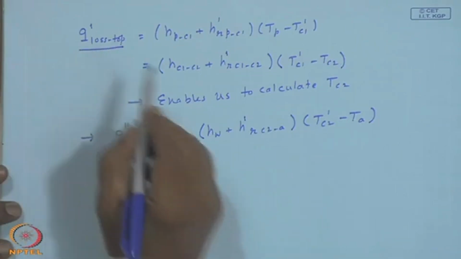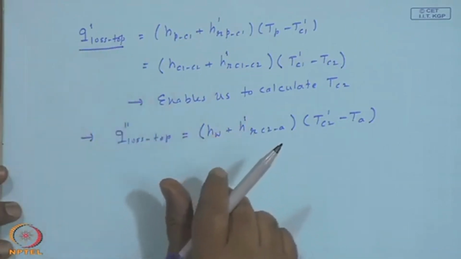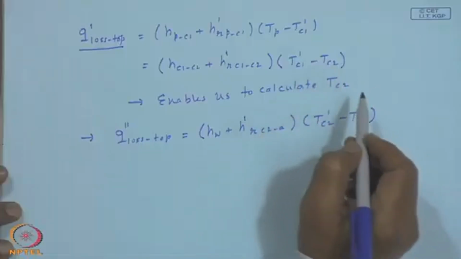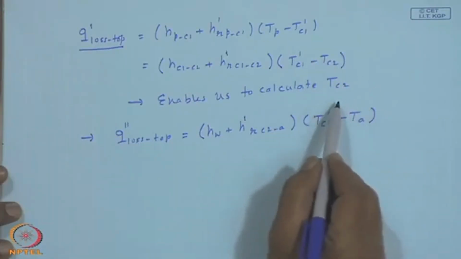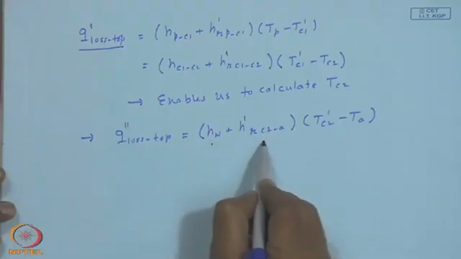This is the loss taking place from the plate to cover 1, and that should be the same as cover 1 to cover 2, which enabled us to calculate T C 2. From T C 2 my guessing is over, and I should be able to calculate the top loss from the outer cover to the ambient by convection and by radiation.